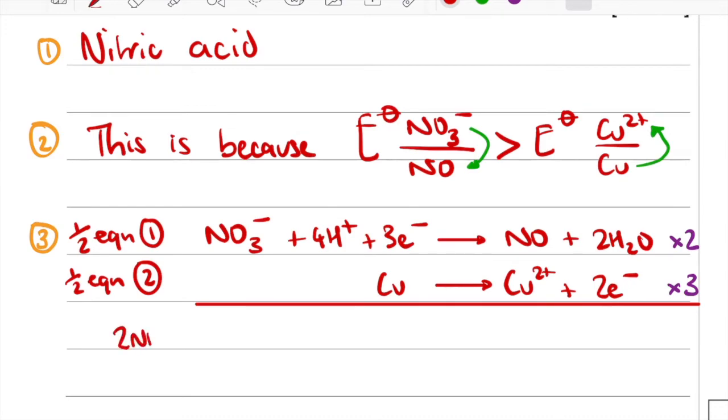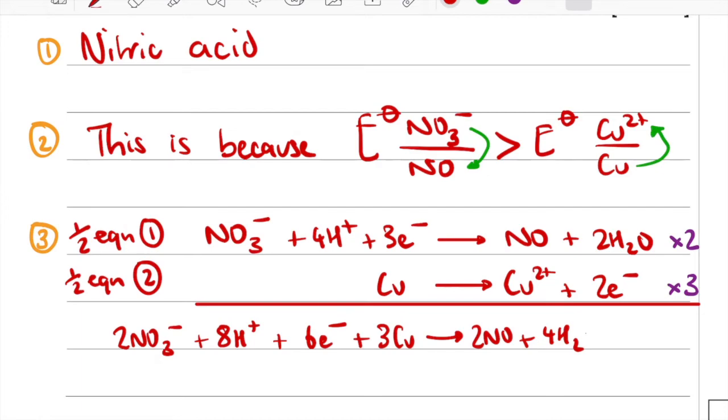So we're going to have 2NO3- plus 8H+ plus 6e- plus, for the copper, 3 coppers, sorry, because I've times that by 3, goes to 2 nitrogen monoxides, 4 waters, 3 copper ions, and 6 electrons. Only the electrons cancel out here.